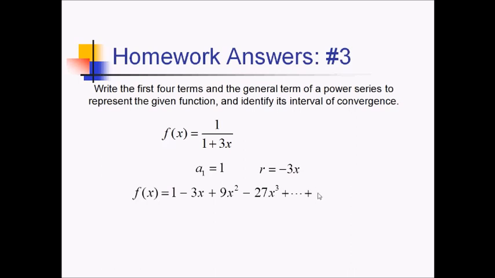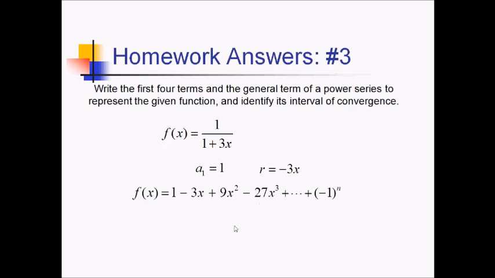And now for my general term, in order to get all of these terms, we're going back and forth between positives and negatives. So I'm going to put in a negative 1 raised to the n power. And by the way, I'm assuming my starting n value is going to be 0. I don't have to write that down anywhere, but this is going to work if you use an n value of 0. So negative 1 to the 0 would make that first term positive.